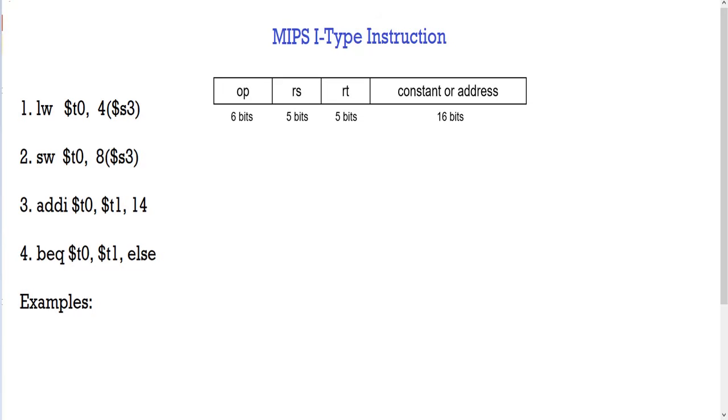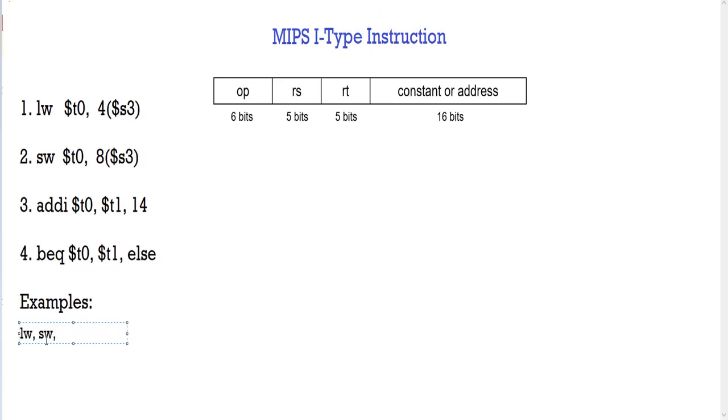Some examples of I-type instructions are load and store, which means, okay, we're going to have to reference back to our introduction video. LW means loading from the memory, and SW means storing to the memory.